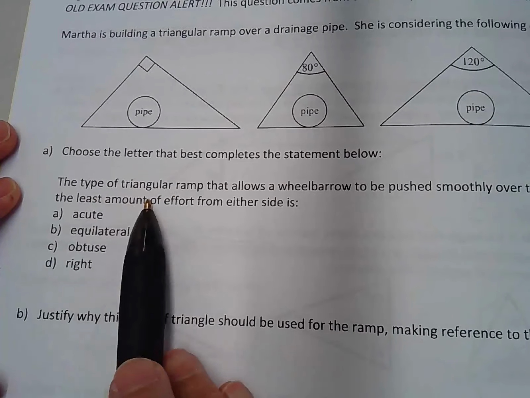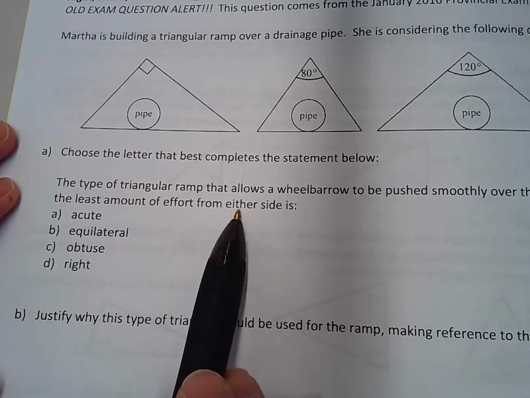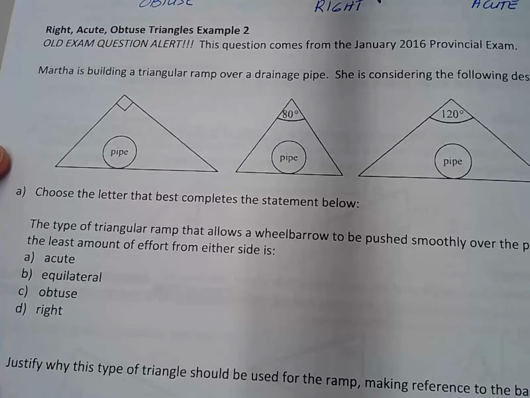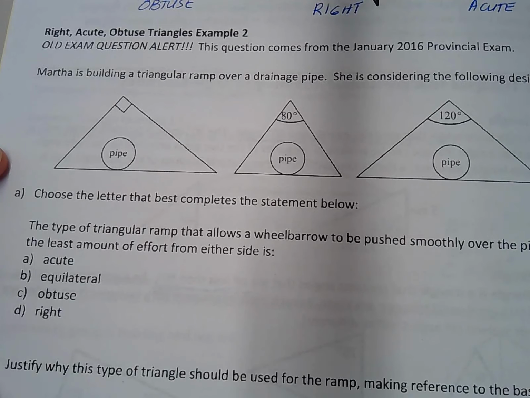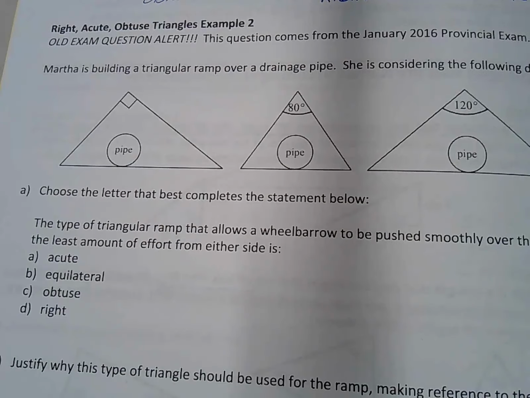The type of triangle ramp that allows a wheelbarrow to be pushed smoothly over the pipe with the least amount of effort on either side. Which one do you think will have the least effort on either side of the pipe?